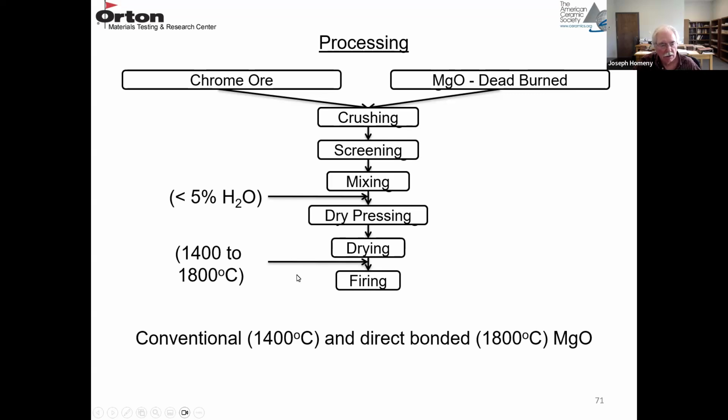Drying and then firing. So the firing can be as low as 1400 degrees C or as high as 1800 degrees C. So a low firing cycle in a range of 1400 degrees C is known as a conventional bonded material. If it's fired at a high temperature, it's a direct bonded material.